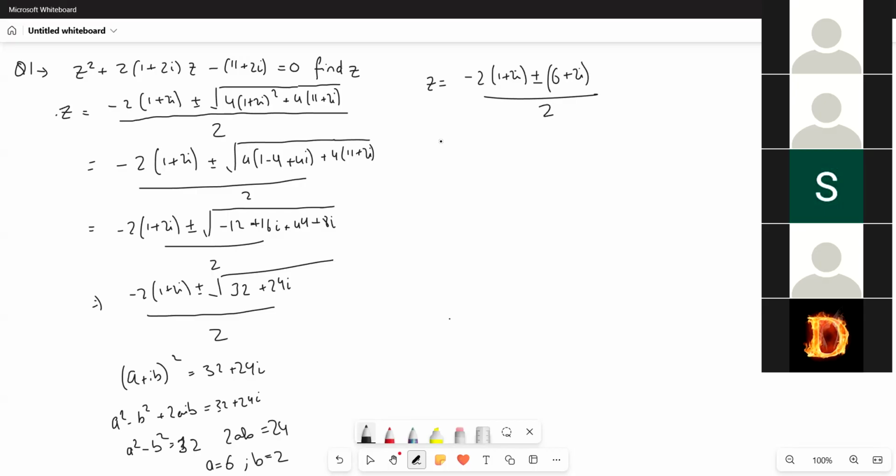Once with the plus sign, once with the minus sign, that will give us the two values of z. So (minus 2 minus 4i plus 6 plus 2i) by 2, or (minus 2 minus 4i minus 6 minus 2i) by 2. These would be the values of z.